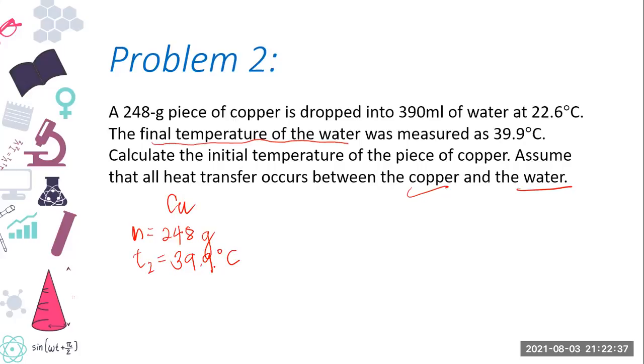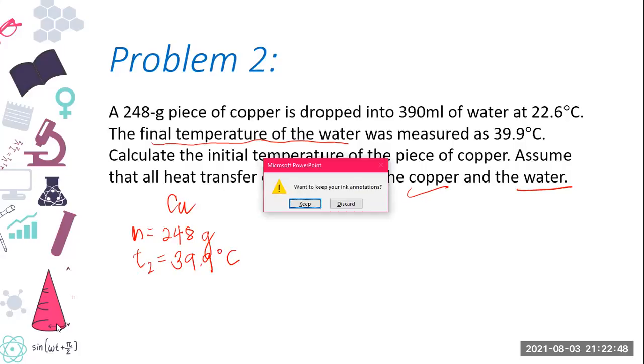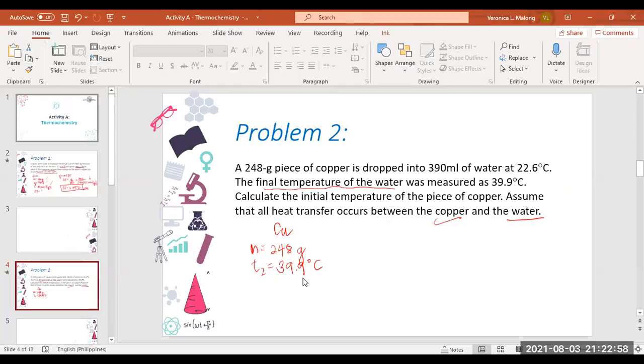And now this is an example of a problem wherein there is no given data for constants. So you refer to the table that was given to you. Let me just check. Let's go back to that. There's a table that was given, which is the specific heat and molar capacities.